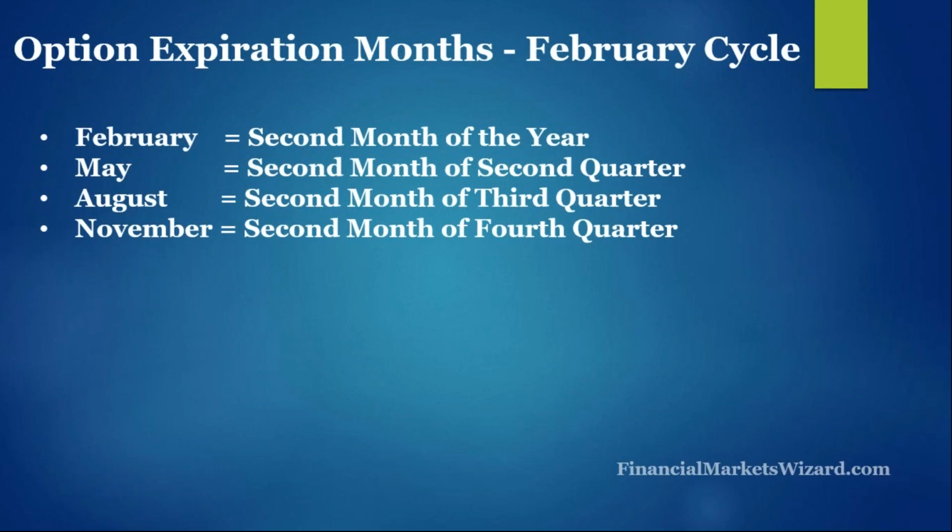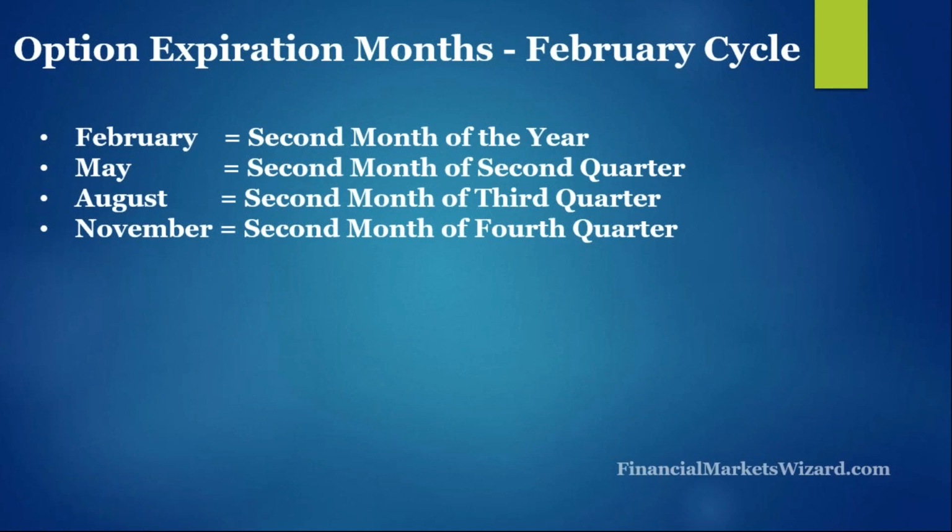If you close your eyes and ask which one is the second month of the second quarter? Oh, it's May. And what is the second month of the third quarter? Oh, it's August. And November is the second month of the fourth quarter. So these are the 4 months the options will be assigned to the stock in the February cycle.